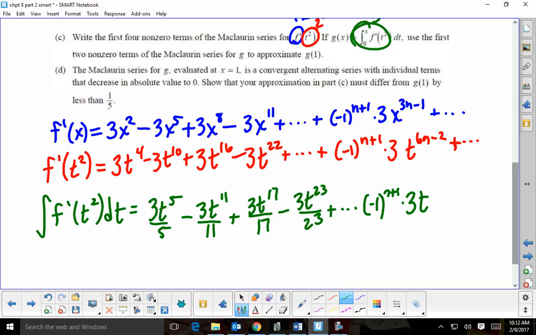If I add 1 to it, it's going to become, we're adding just 1, 6n minus 1, because you're just saying plus 1. So then divided by that power, which is 6n minus 1.